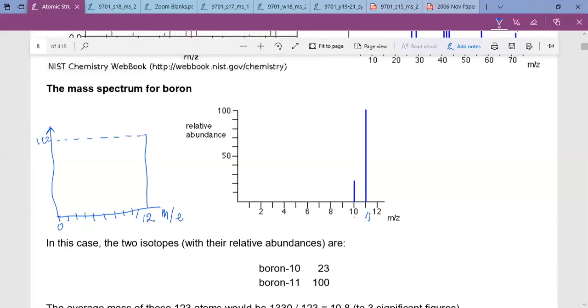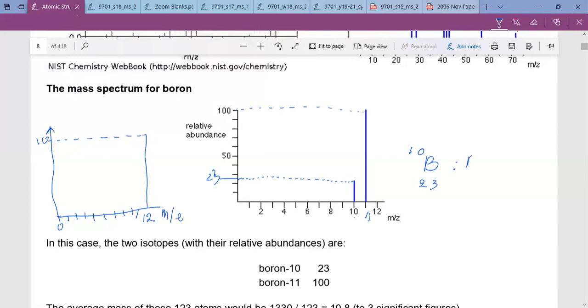So this is 23, this is 100. They found, in that sample, there are 23 atoms of the isotope boron 10.